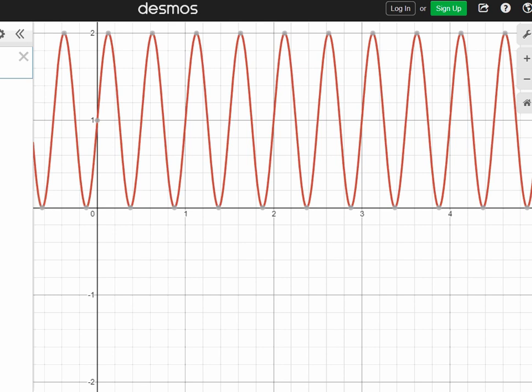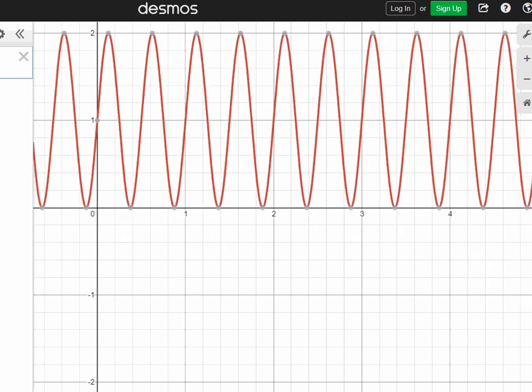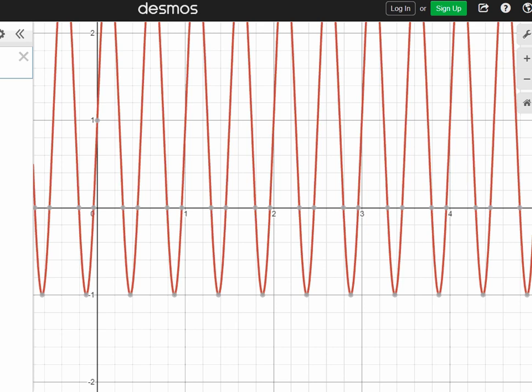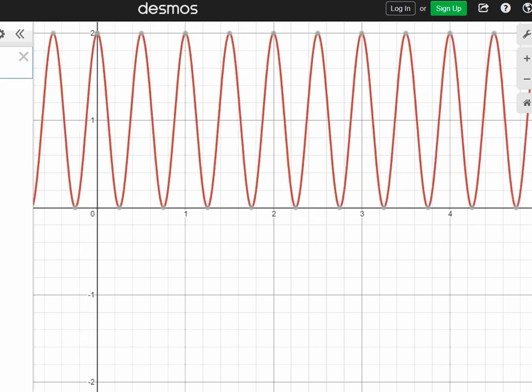Okay, I also have to move it over to the side one. How do I do that? No, that's not how I do it. I gotta make it a cos. I'll make it a cos. There we go. Okay, now I think I can do the same thing.